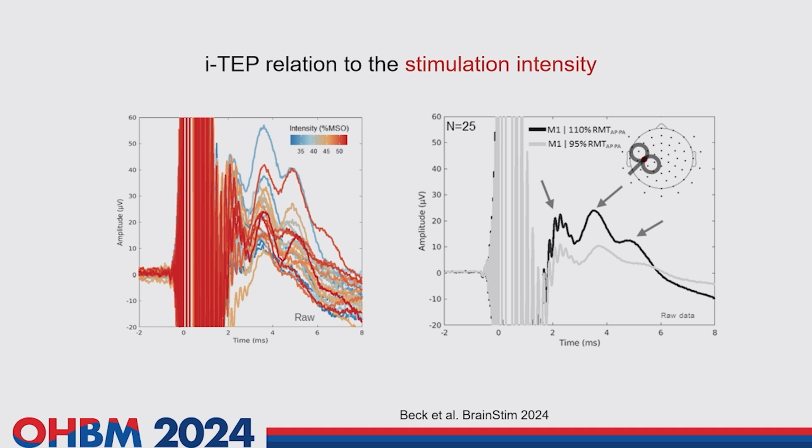And each subject obviously has a different resting motor threshold. So the amount of stimulation was different per subject. And you see that there is no relationship between the amount of stimulation delivered by the coil and the response.